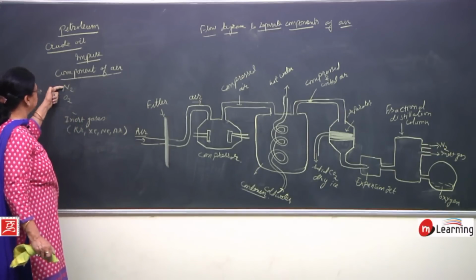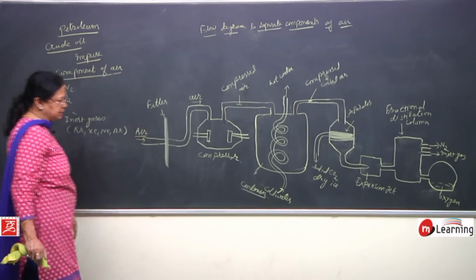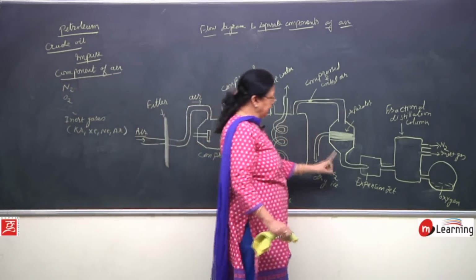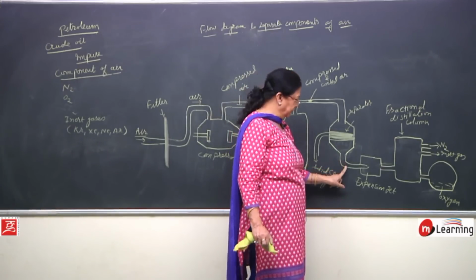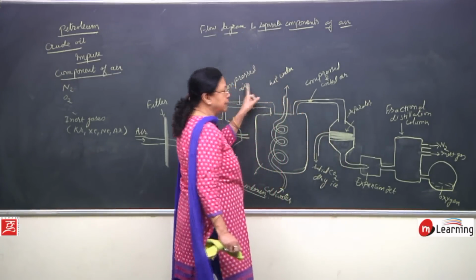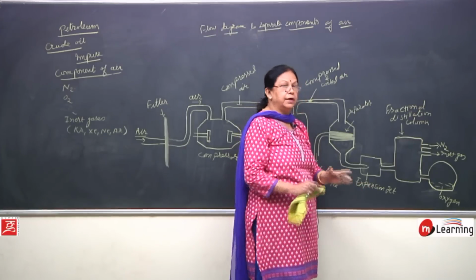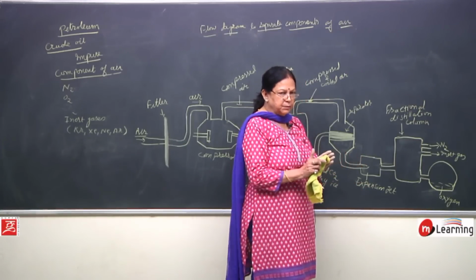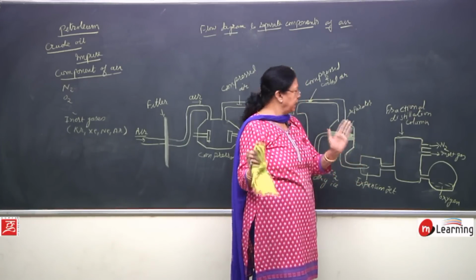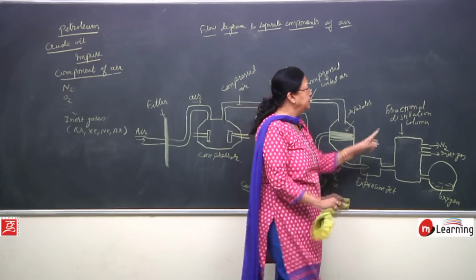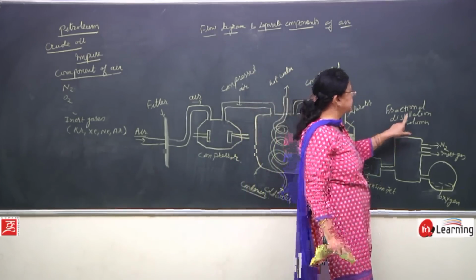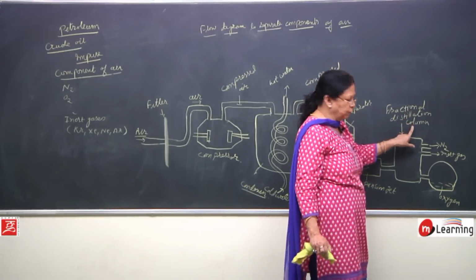Now, we have a mixture of nitrogen, oxygen and inert gases. Now, this air which is coming out of the separator is compressed and cooled. So, what is being done? First, it is introduced into the expansion jet.